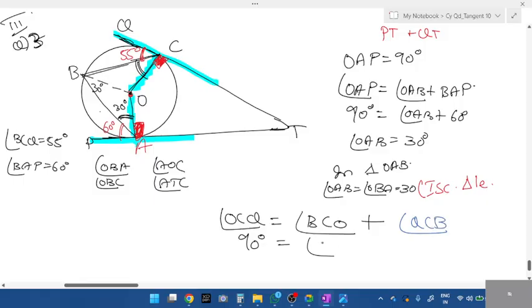BCO plus QCB. BCO, write it as it is, plus 55 degrees. Find the value of BCO, all of your BCO value.